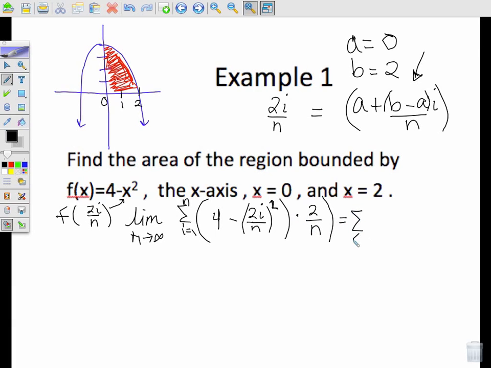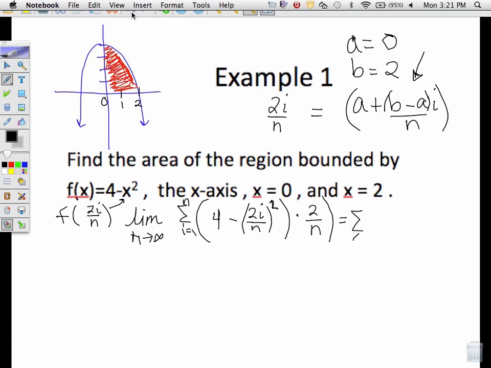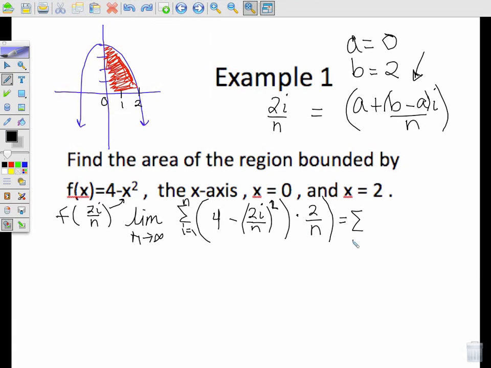So this is going to equal, and it's still the limit of, the summation as i goes from 1 to n of 4 times 2 over n, which would be 8 over n.